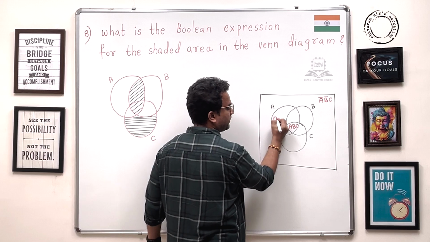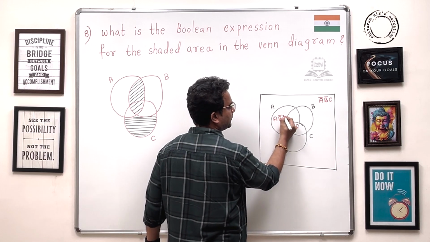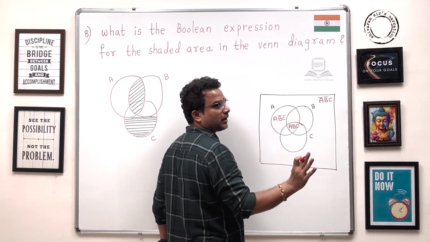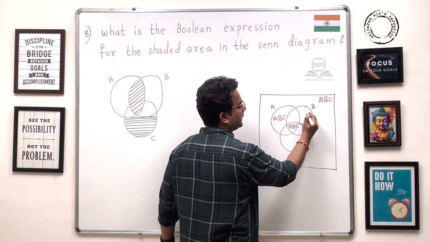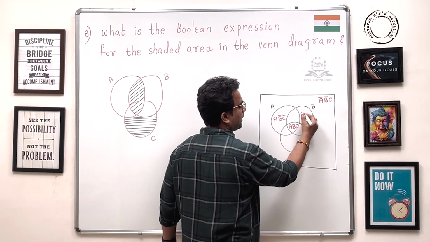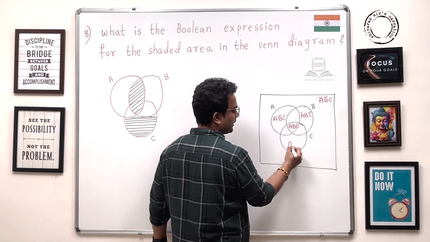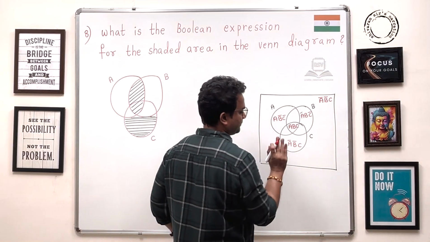Hence, this will be A, B bar, C bar. This portion is exclusive A, not at all common portion. Similarly, this portion exclusive to the B. Hence, it is A bar, B, C bar, and this will be A bar, B bar, C.